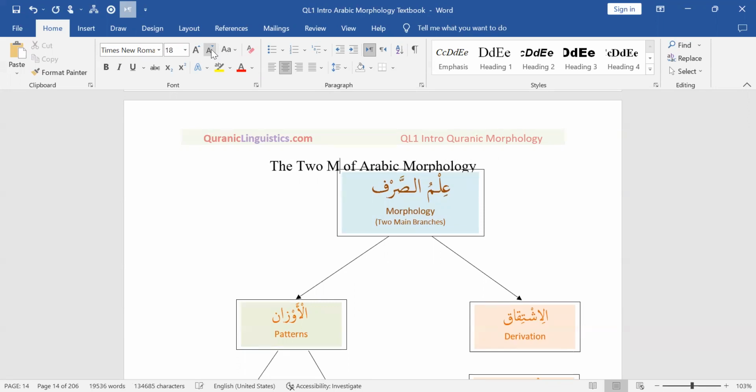The two, because Arabic morphology has more branches. This tree, or this diagram, really is two major branches of Arabic morphology.